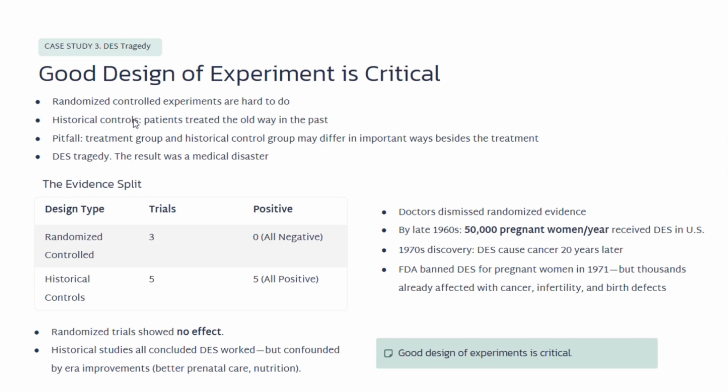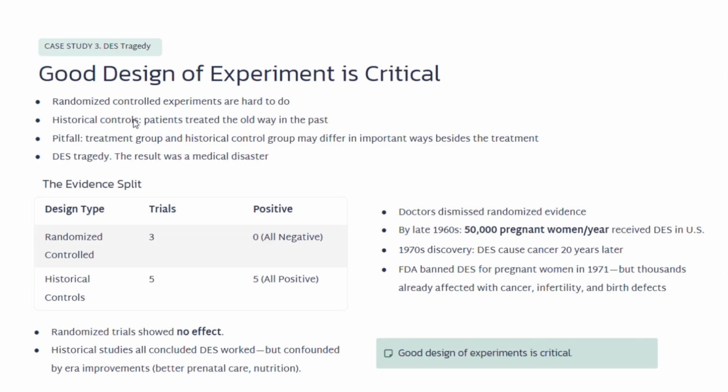In the case of DES, what happened is that they used historical controls, and historical controls means that they used patients treated the old way in the past as the control group, and compared those to patients who got the DES in the treatment group. And the problem is that when you use historical controls, they might differ in important ways that make the study biased. And this is what happened in the DES case.